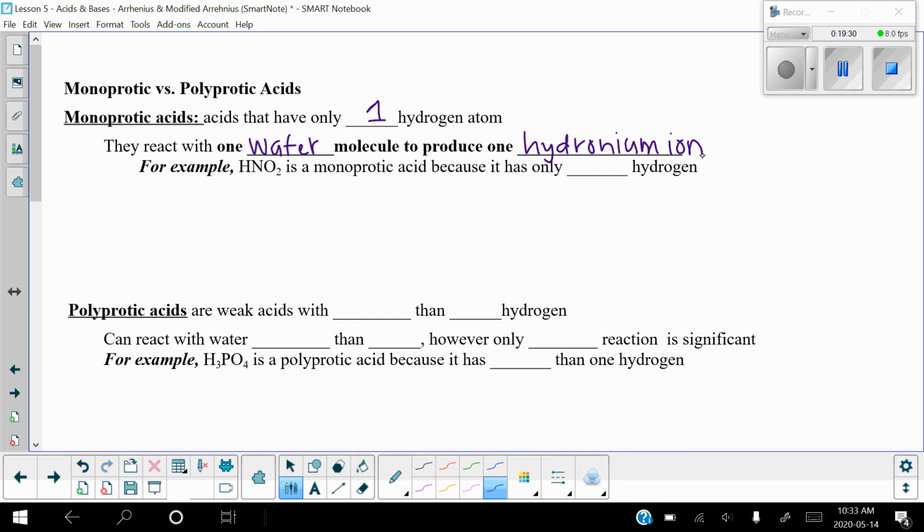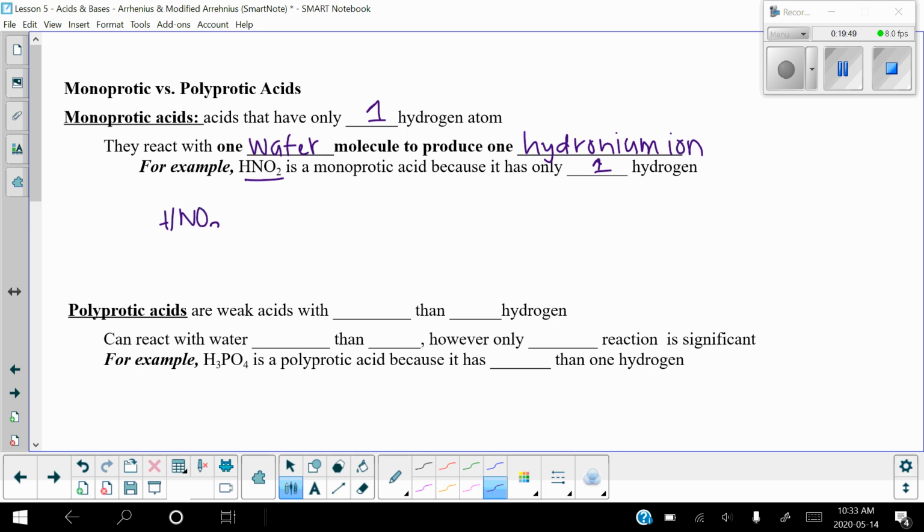For example, HNO2 is a monoprotic acid because it only has one hydrogen. So if I were to react this, it would look something like this.